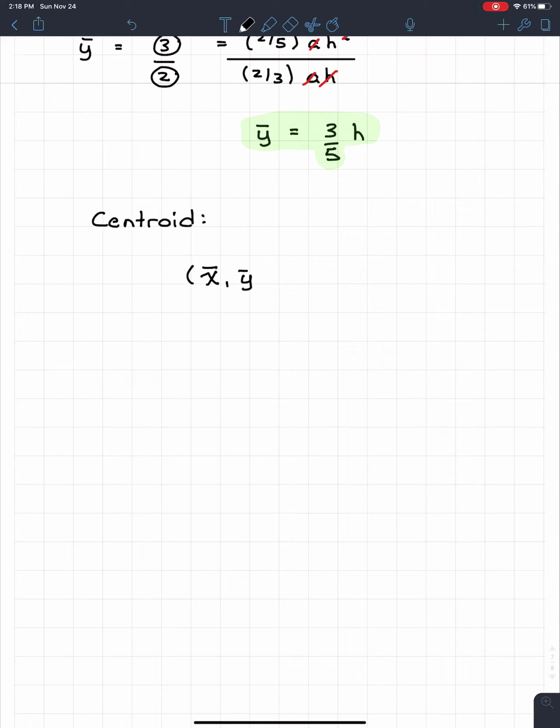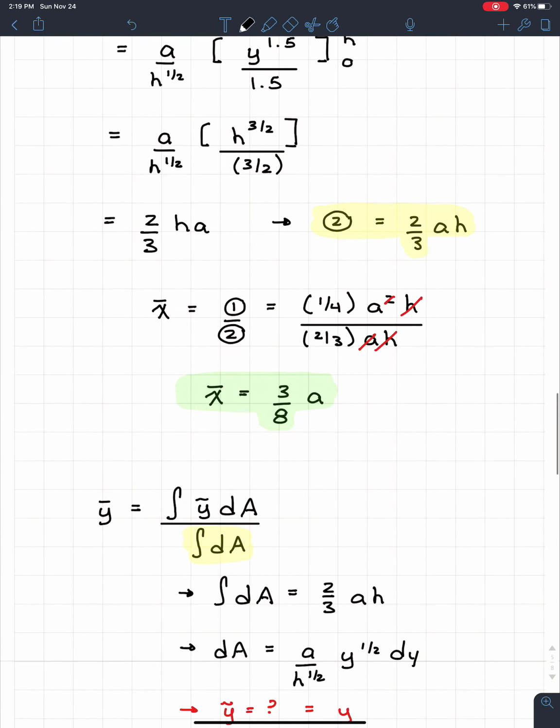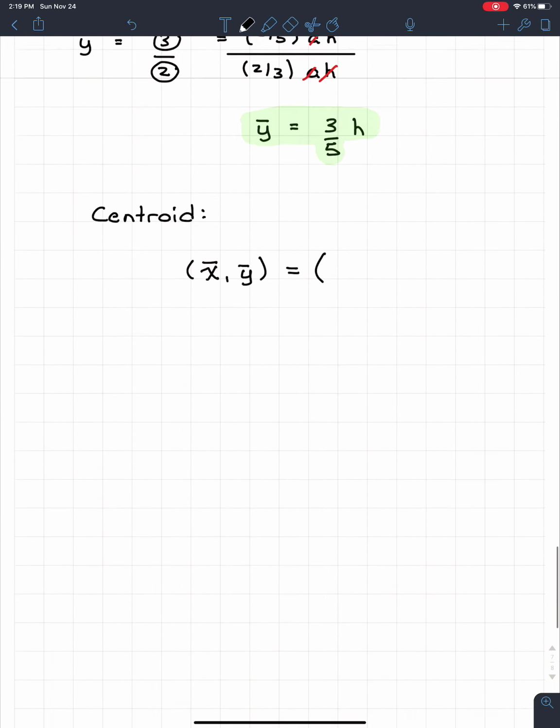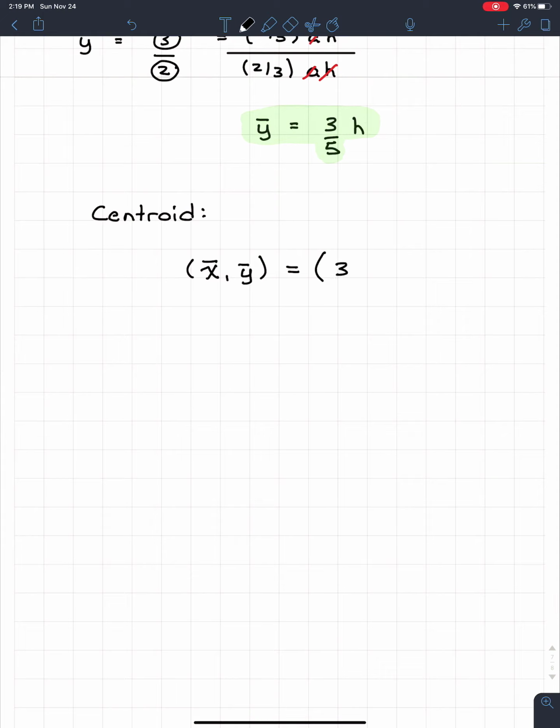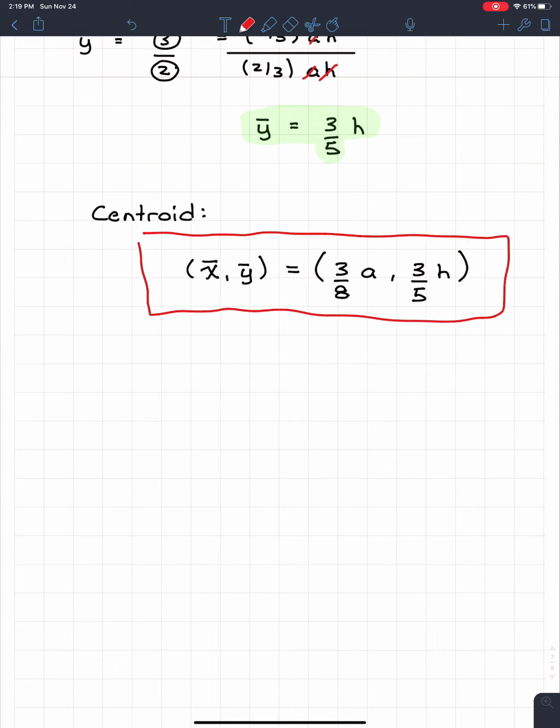So the coordinate points of our centroid are going to be equal to, we put in brackets, first we need x bar, which we found is 3 over 8 times A. And then comma, and then our y bar, which is 3 over 5 times H. So this right here now is our final answer, so we can box it and say this is our final answer.